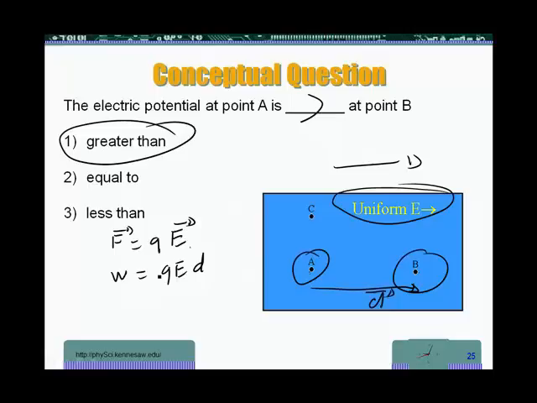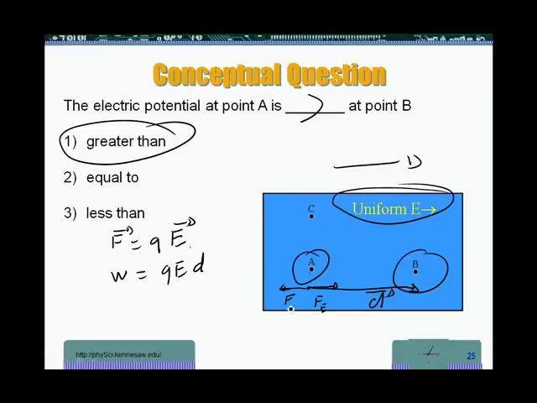I was not very careful here deciding on the directions, but let's do it right now. If my charge is positive, then the electrical force is going to point in the same direction as the electrical field. And the force that I need to apply while it is moved from A to B without accelerating is going to be in the opposite direction.